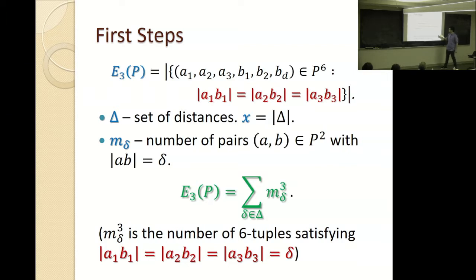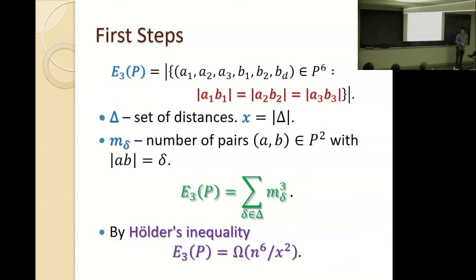So we can write this energy like this. Also, like standard uses of energy, we can use Holder's inequality, and it immediately tells us the number of 6-tuples is at least n to the 6 over the square of the number of distances.